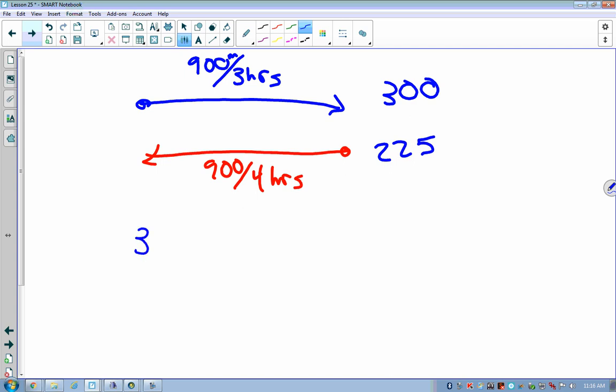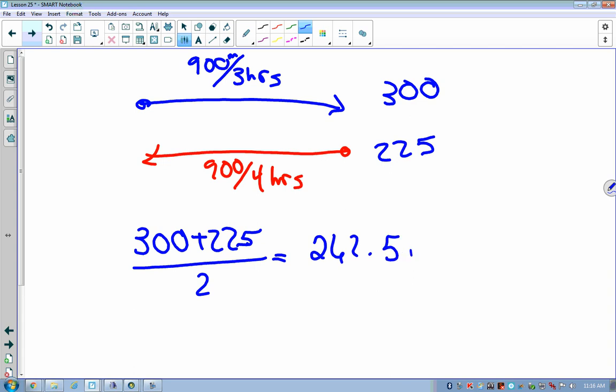So, what's 300 plus 225 divided by 2? 262.5 is how fast he could fly in still air. Because one is pushing him, one is resistance. If we get rid of that, it's the average. So it really takes 3.5 hours to get there with no air pushing or pulling.